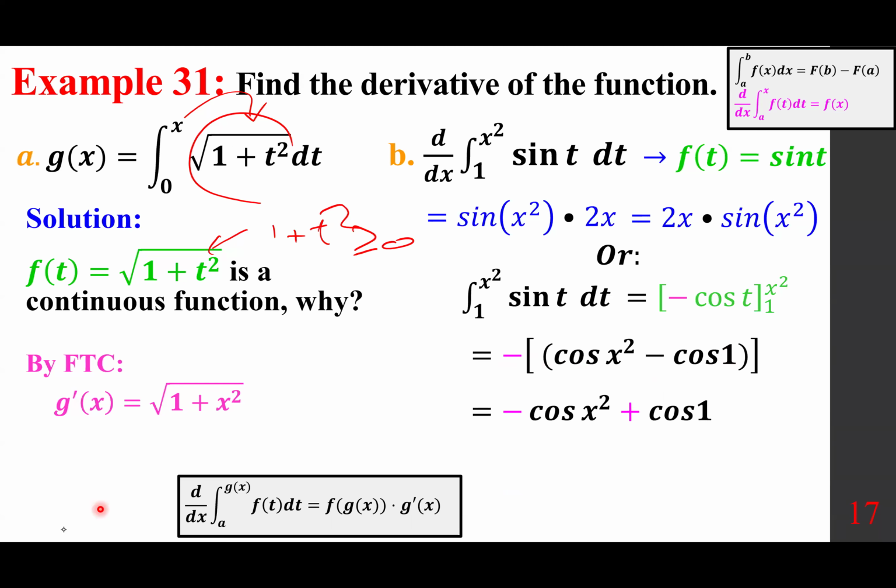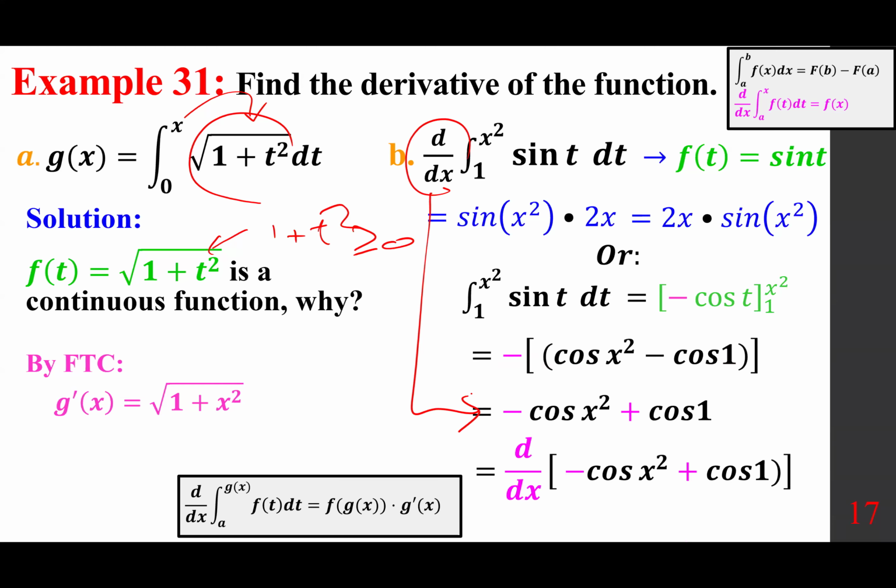Now I want to differentiate this. This one has no bearing, becomes 0, because it's a number. So the derivative of negative cosine is positive sine. The same thing, x squared, by the chain rule times 2x. So even if you go that route, that's actually a proof that it works, okay?